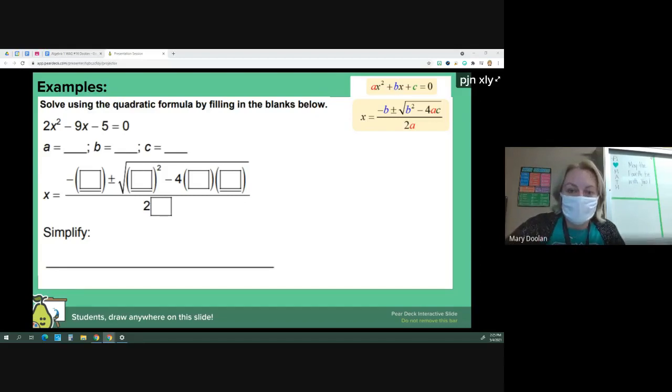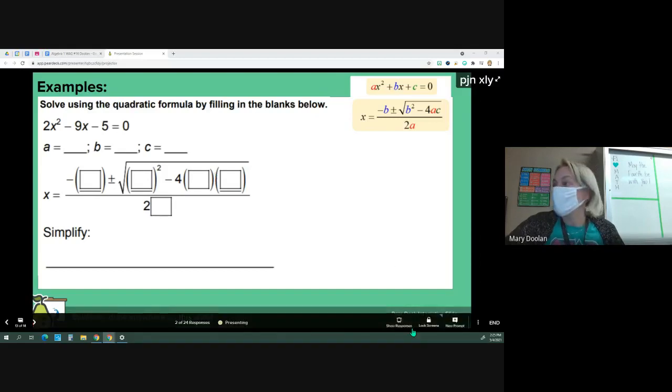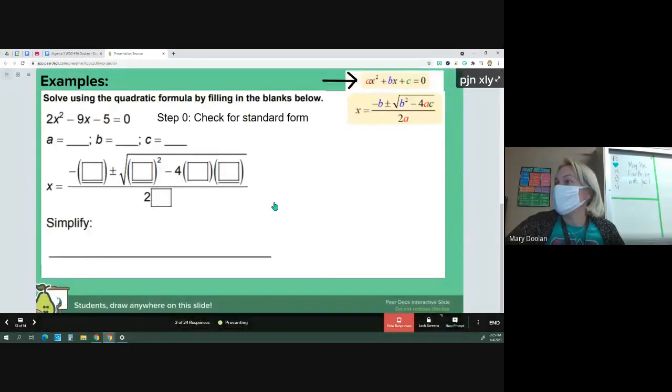And that just means that it looks like what you see right here. This right here is standard form.